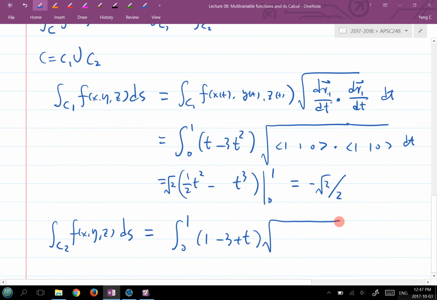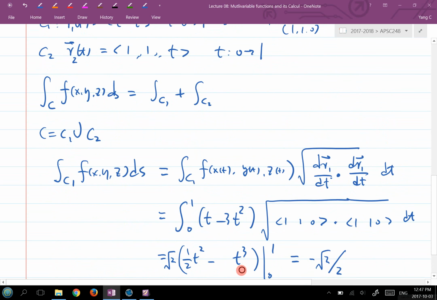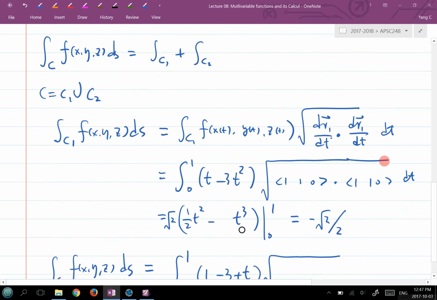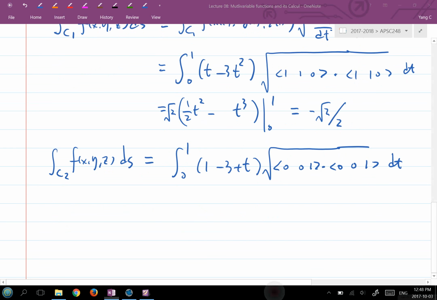And then dr1 over dr2 over dt, constant t, so 0, 0, 1. Okay, so that's basically the results for this portion. So then you put things together.